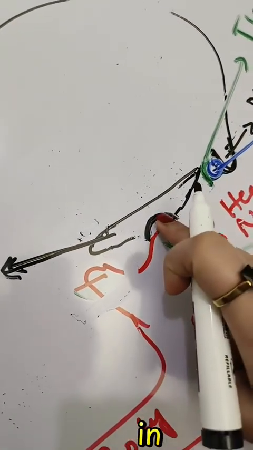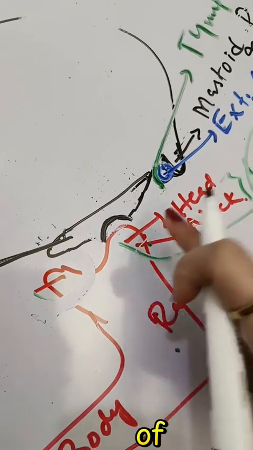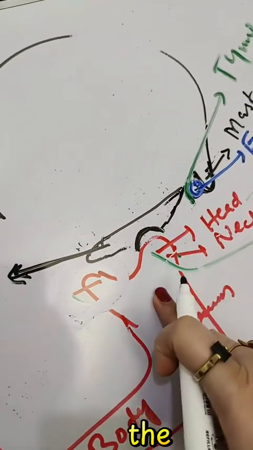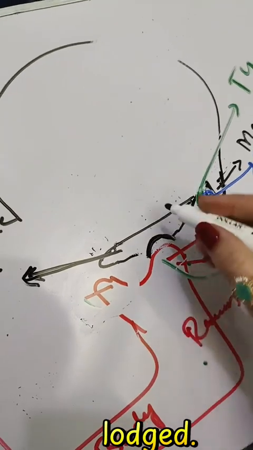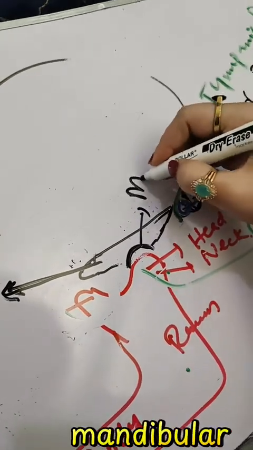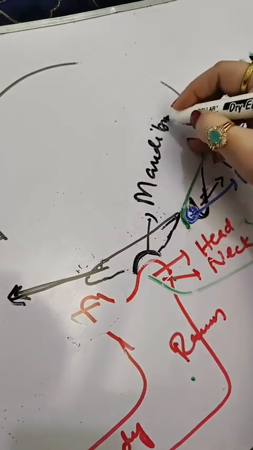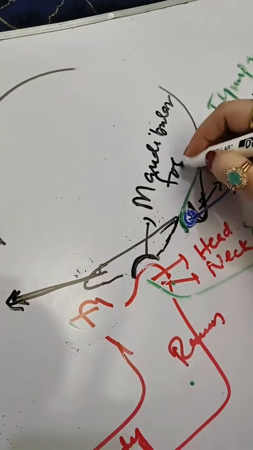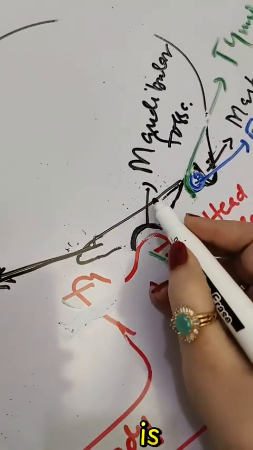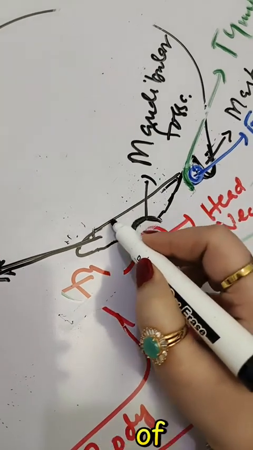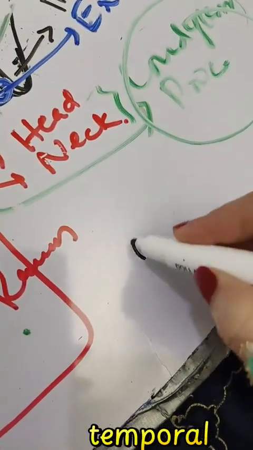Here in the mandibular fossa, the head of the mandible will be lodged. This is the mandibular fossa. It is present in the zygomatic process of the temporal bone. See, this is the temporal bone.